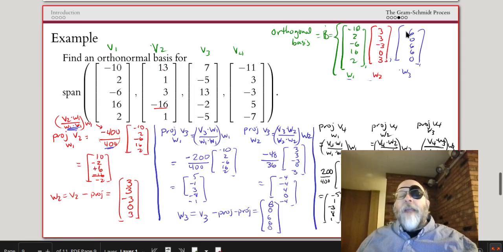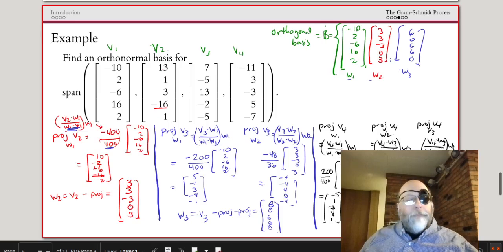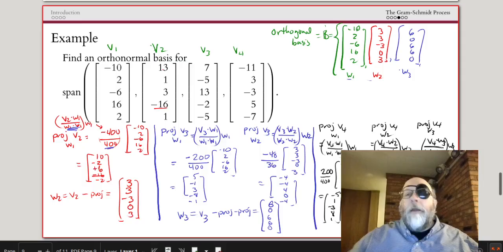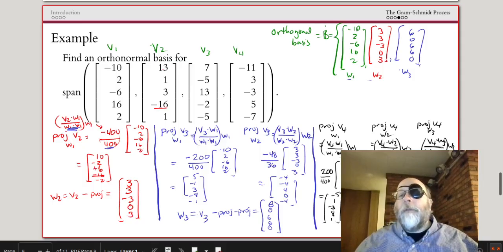V4 dot W3. That's negative 66 plus 0 minus 18 plus 30. And that turns out to be negative 54 over W3 dot with itself, which would be 36 plus 36 plus 36 is 108, times W3, which is 6, 0, 6, 6, and 0.